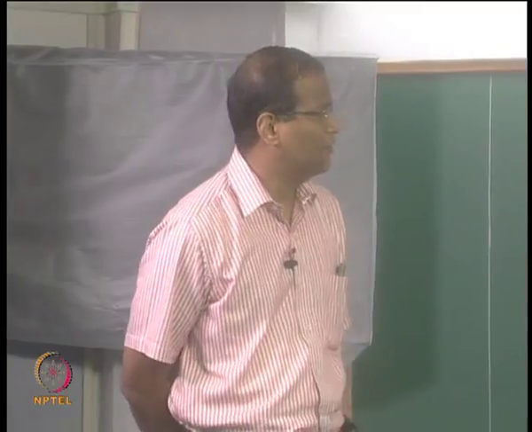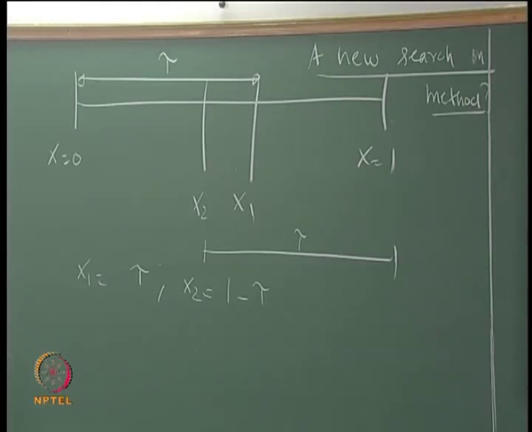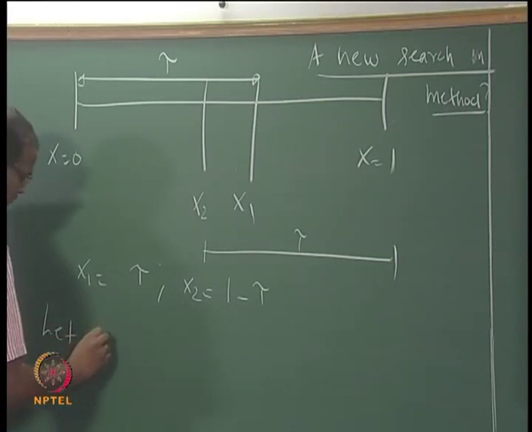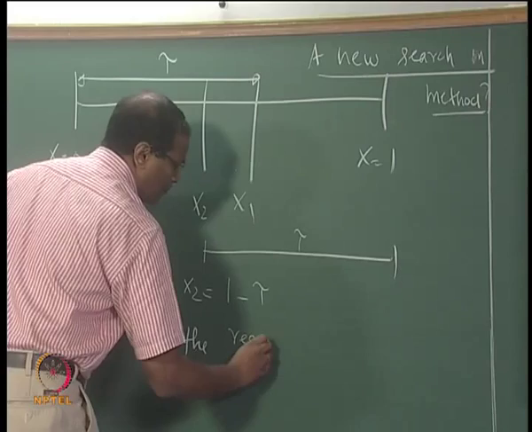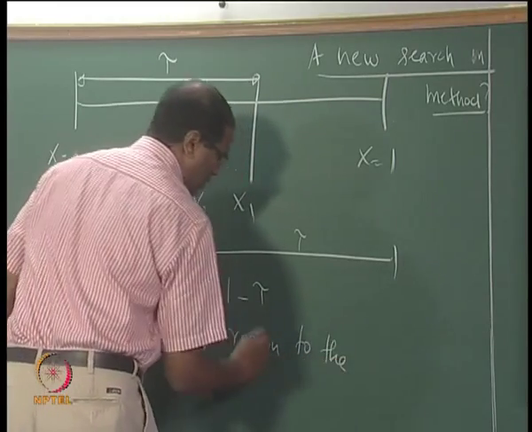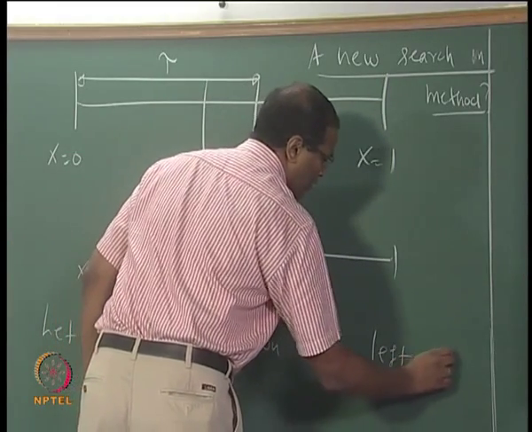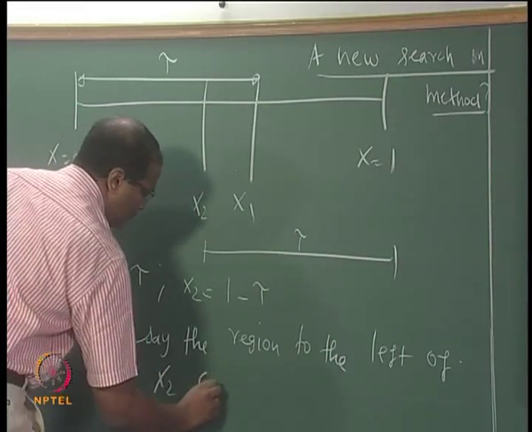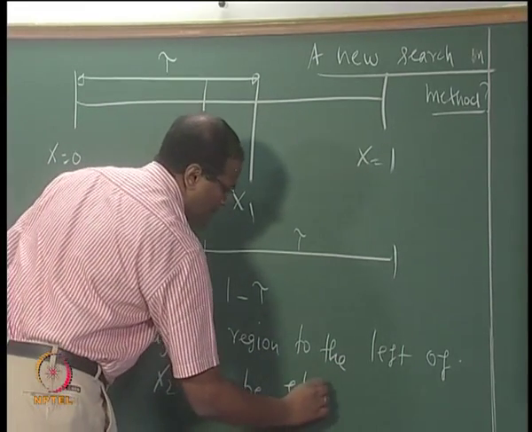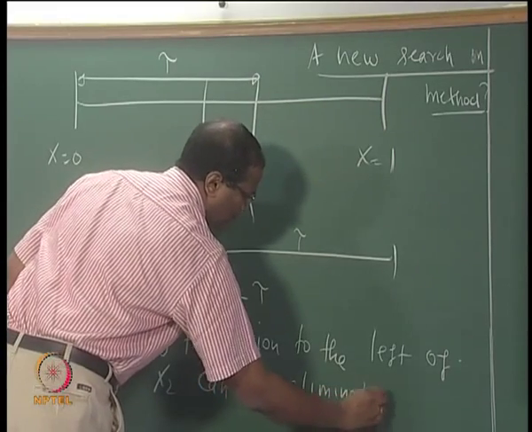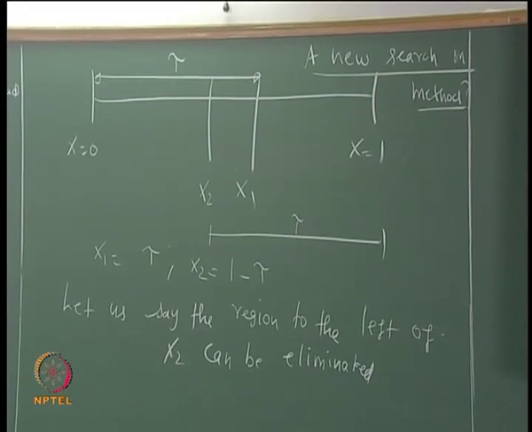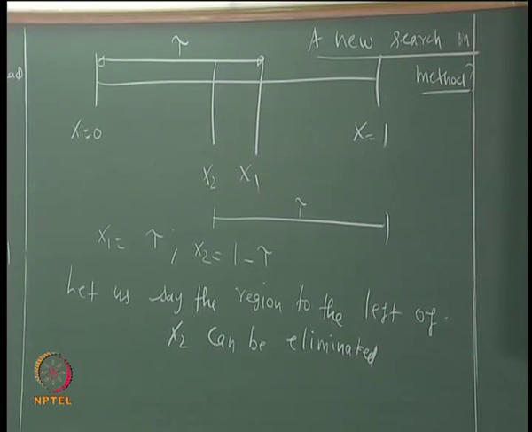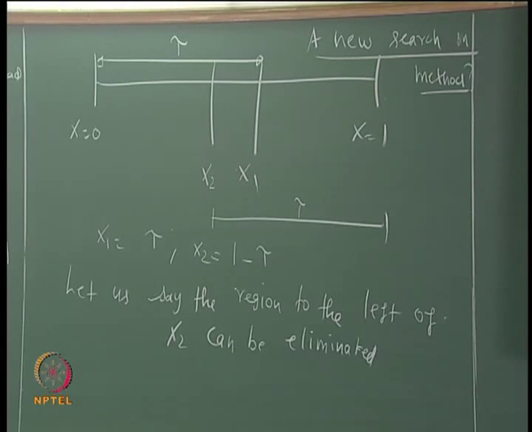Let us say the region to the left of x2 can be eliminated, okay. So what is my I0?